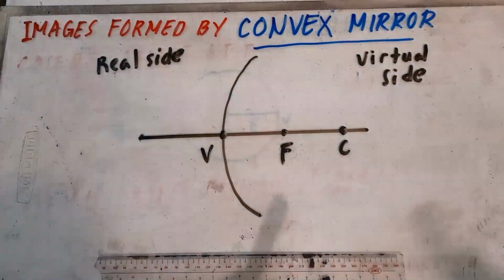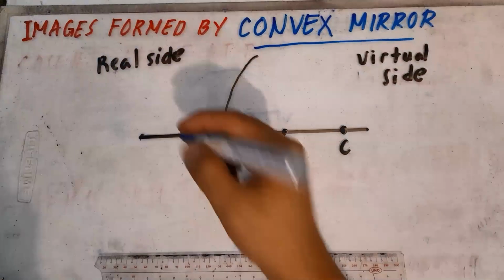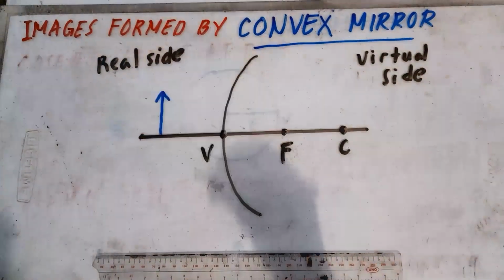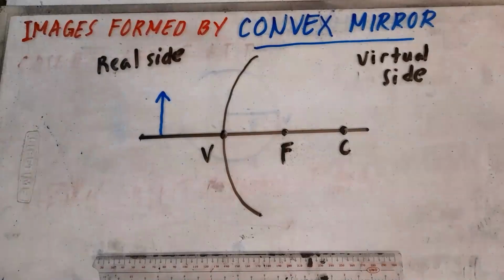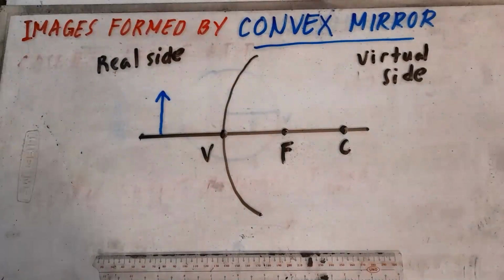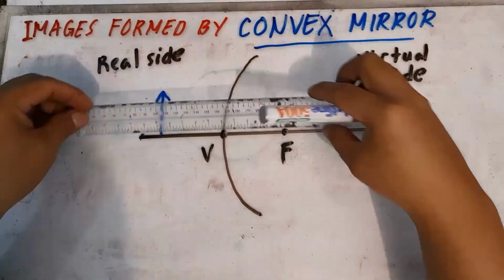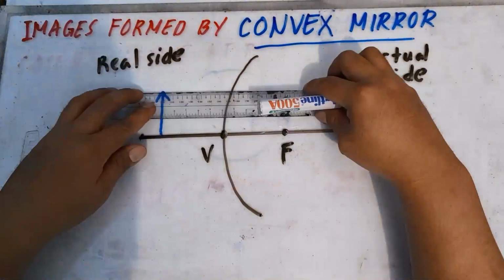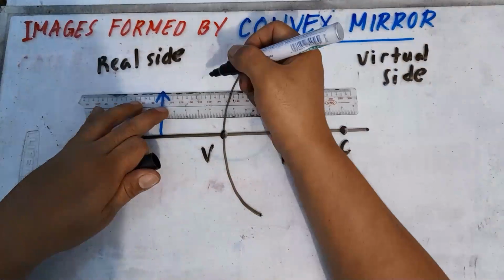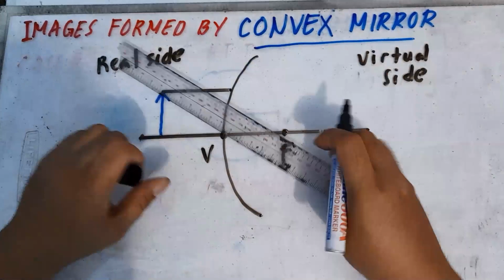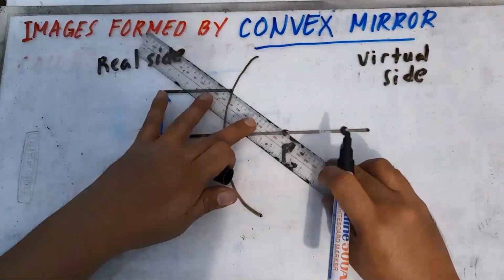Okay, let's have an example. Suppose we have an object here in front of our convex mirror. Now, let us determine the image formed using the three light rays. Again, the first light ray is a ray parallel to the principal axis. And then it will be reflecting, passing through the virtual focus.